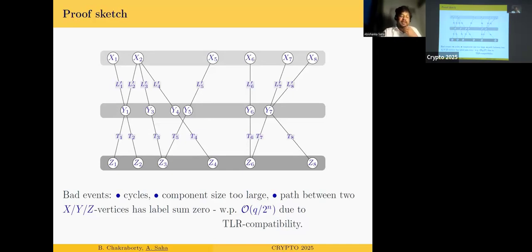All these bad events can be bounded by the order of q by 2 to the power of n, due to the TLR compatibility of the tweak processing part. And this is exactly where we need the TLR compatibility criteria.